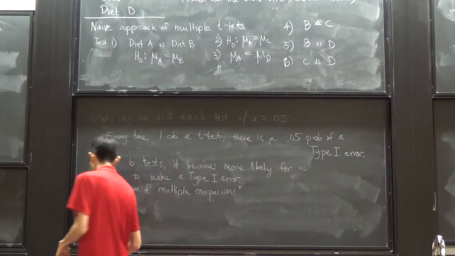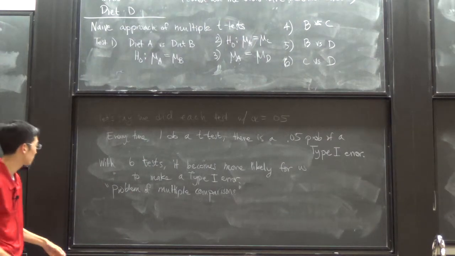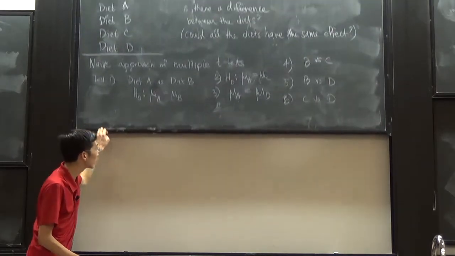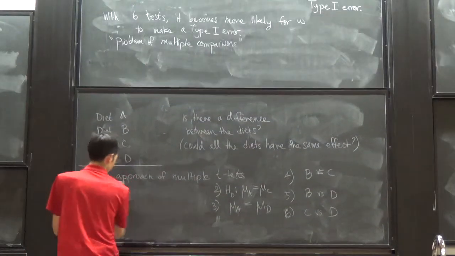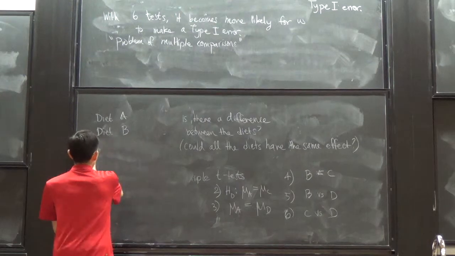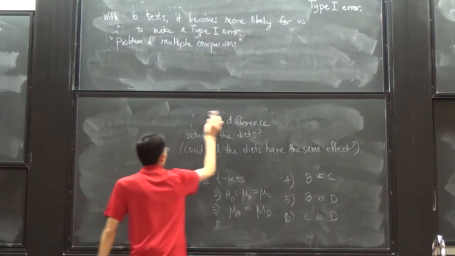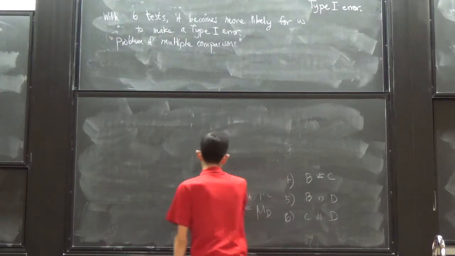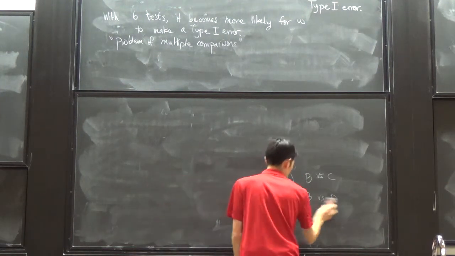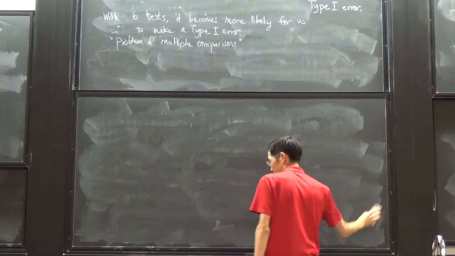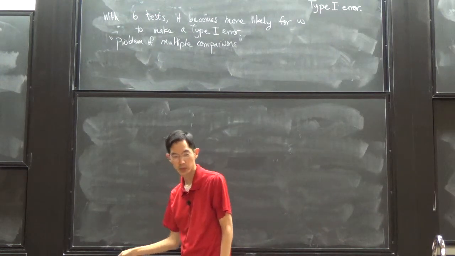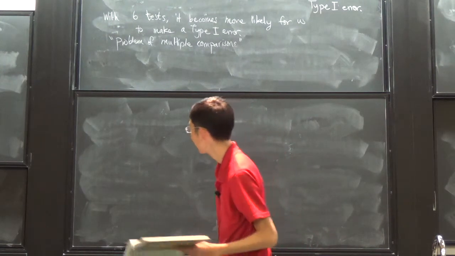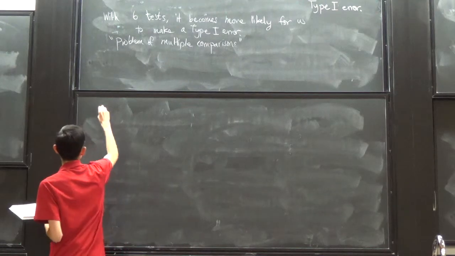Okay, so let's take a look here. We'll use this data from the book as our running example.